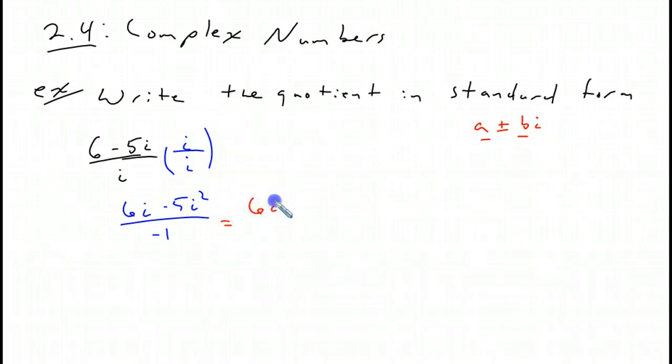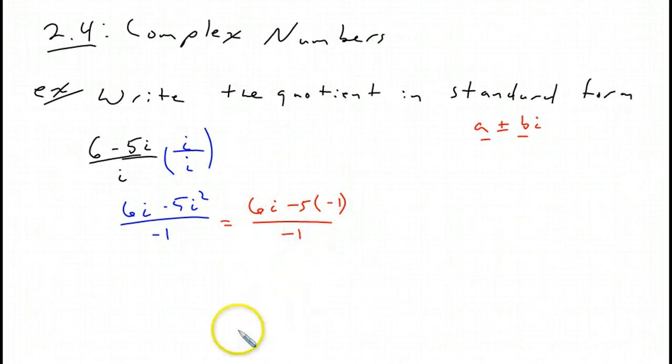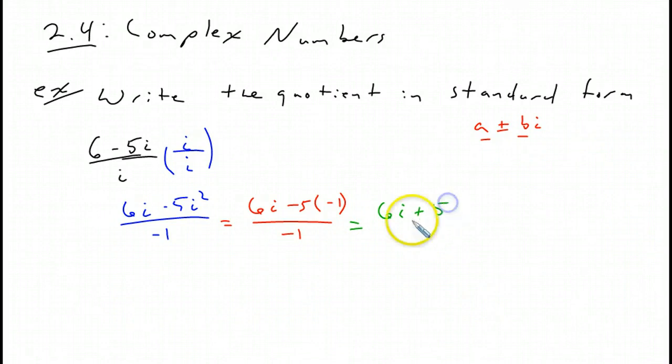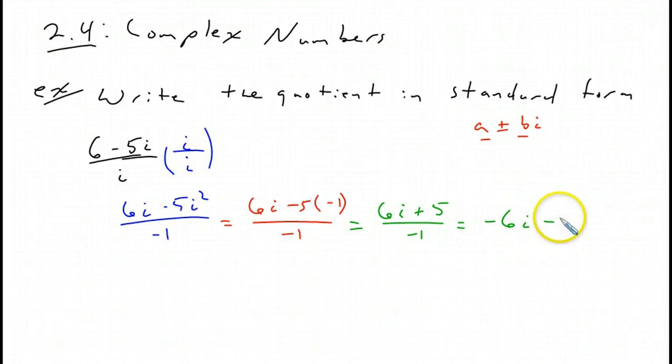But on top I have 6i minus 5 times negative 1 all over negative 1, which is the same thing as 6i plus 5 over negative 1. When you divide this by negative 1, you just change both signs, so you have negative 6i minus 5. That's as far as we can go, so that's all we need to do.